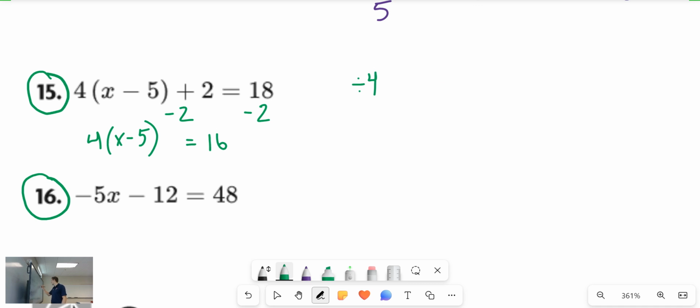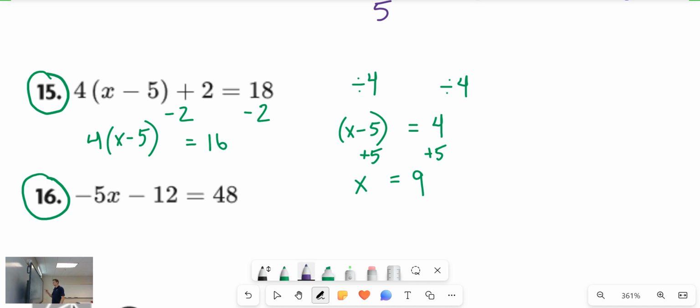If we divide both sides by 4, we should get x minus 5 on one side, and then equals, what's 16 divided by 4? Well, 16 divided by 4 is just 4. And the last thing we have to do is add 5 to both sides, and we should get x by itself equals 9.